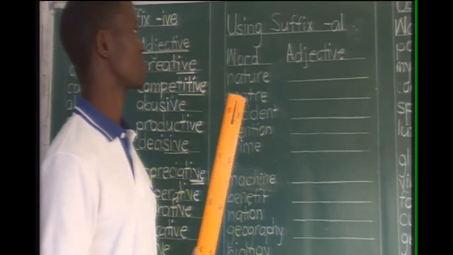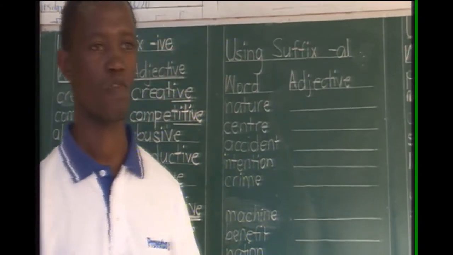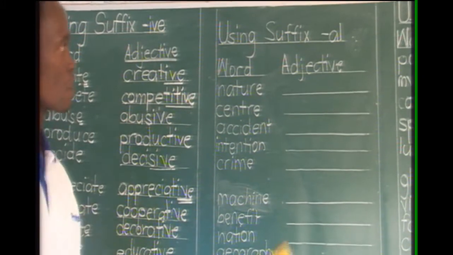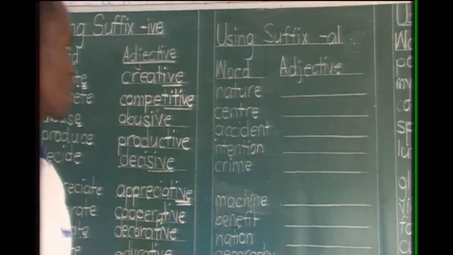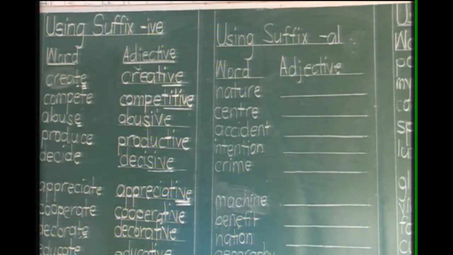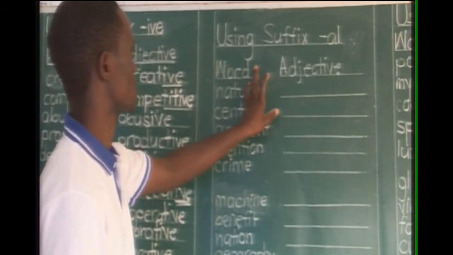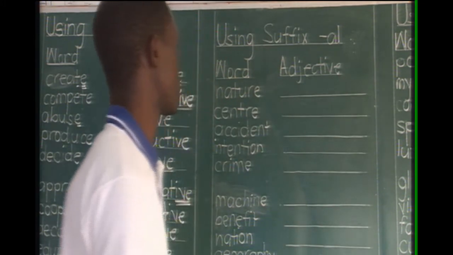Next is another suffix we are supposed to use when forming adjectives. And this is suffix AL. Let's look at a few examples here. The first word given to us is nature.